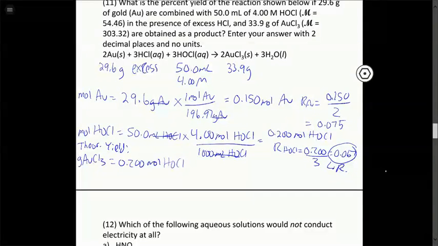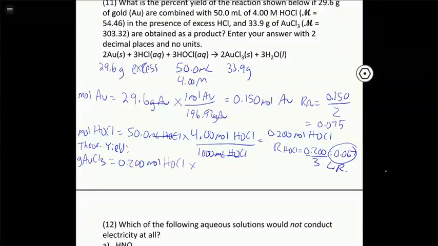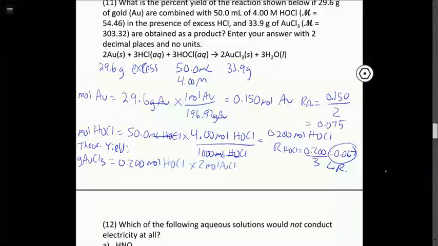We have moles of our reactant already, so we use mole ratios to find the amount of product that can form. From the balanced reaction, 2 moles of AuCl3 forms for every 3 moles of our limiting reactant. And then we need to find the mass of our product that can theoretically be formed.